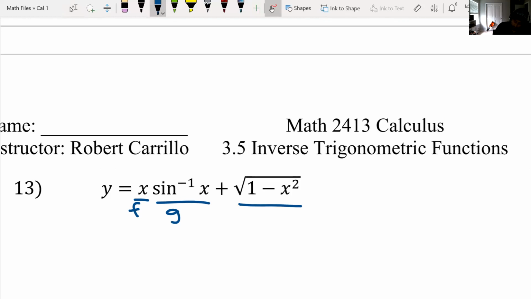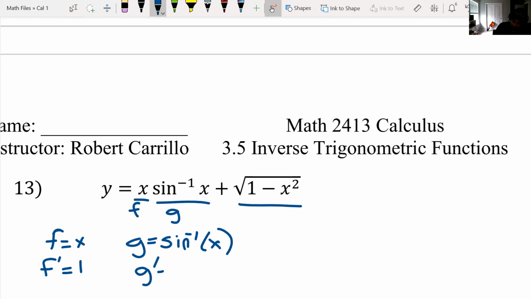So F is x, G is the inverse sine of x, F prime is 1, G prime is 1 over the square root of 1 minus x squared.